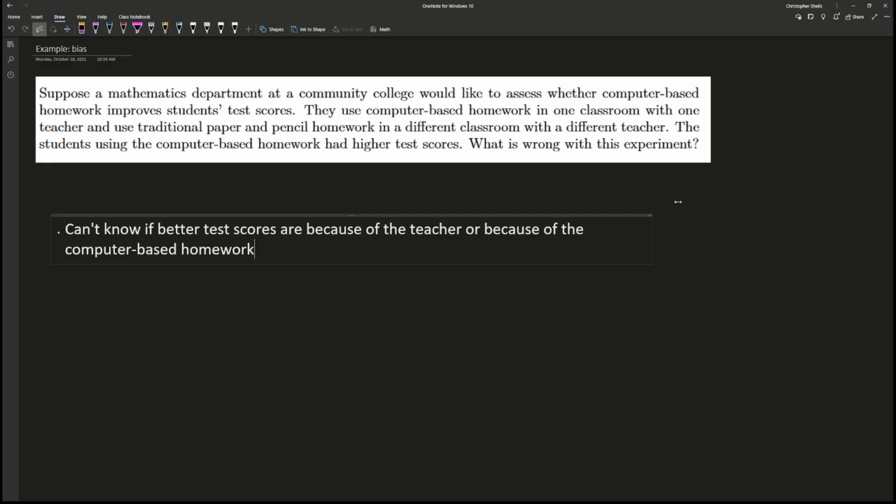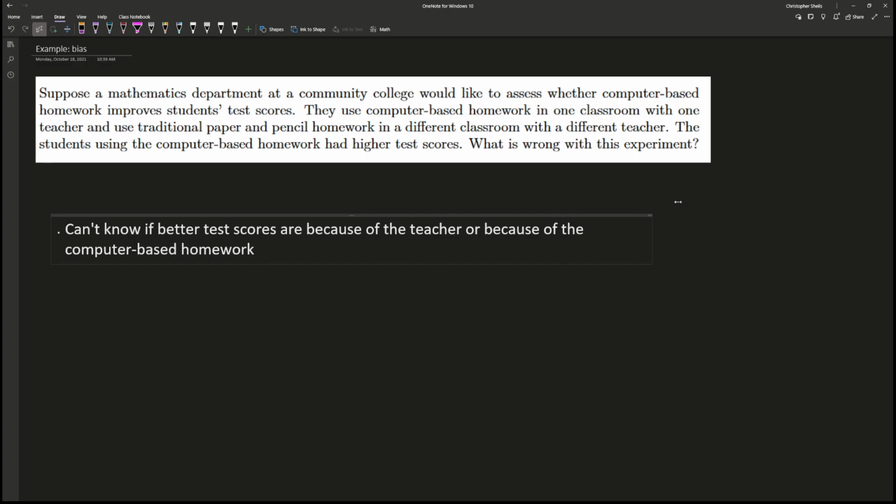Right. We can't necessarily say, because again these are two different teachers that we're looking at, what caused these higher test scores, right?